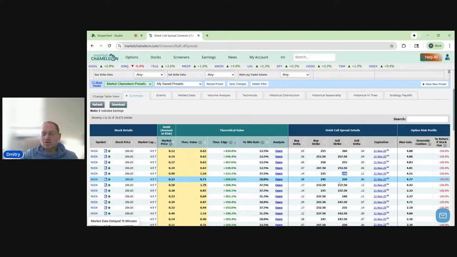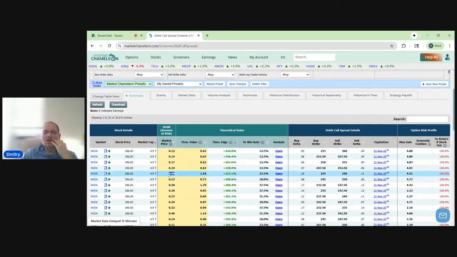How do we compare the market price of this spread, 49 cents, to get an idea if we're on the high end or low end of the historical range? For example, a lot of people reference IV, implied volatility.